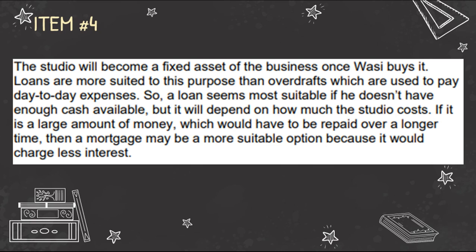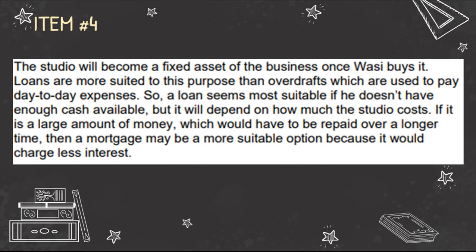And loans are more suited to this purpose than overdrafts, which are used to pay day-to-day expenses. So a loan seems most suitable if he doesn't have enough cash available, but it will depend on how much the studio costs. So you have to take into consideration the cost of the studio.